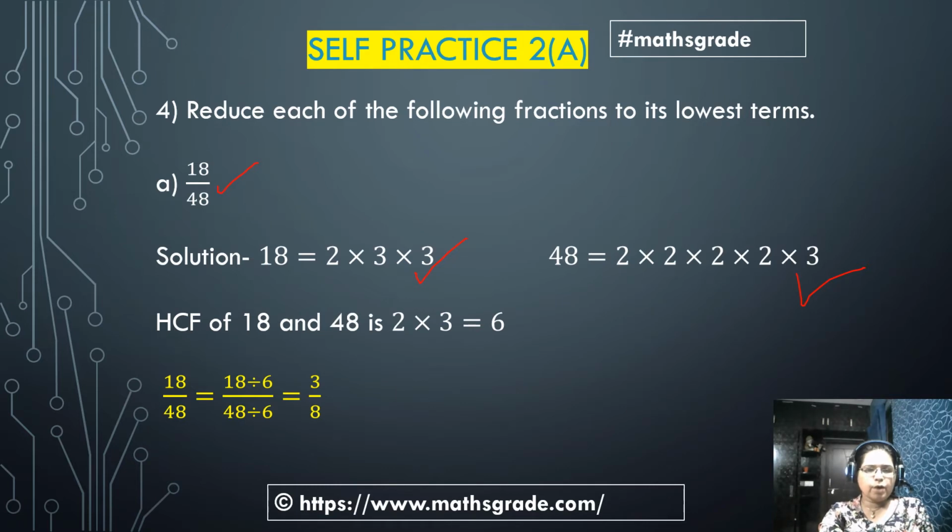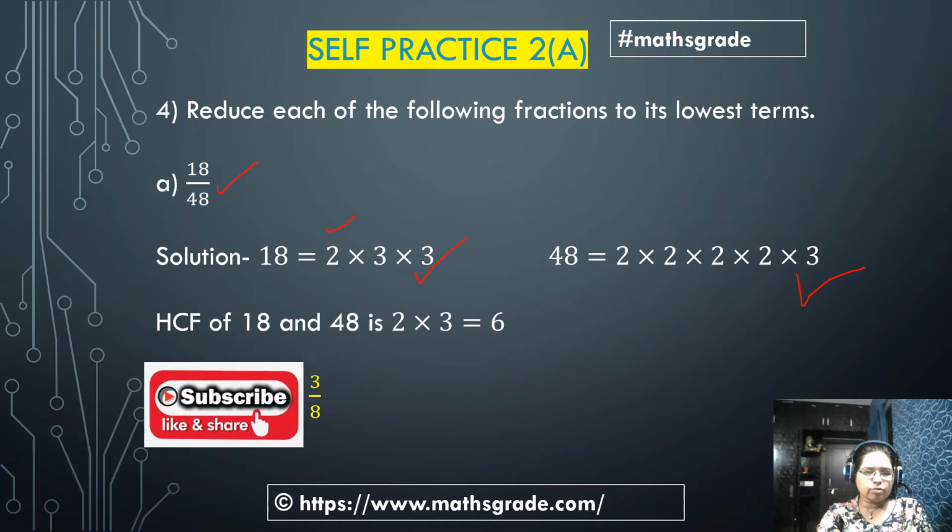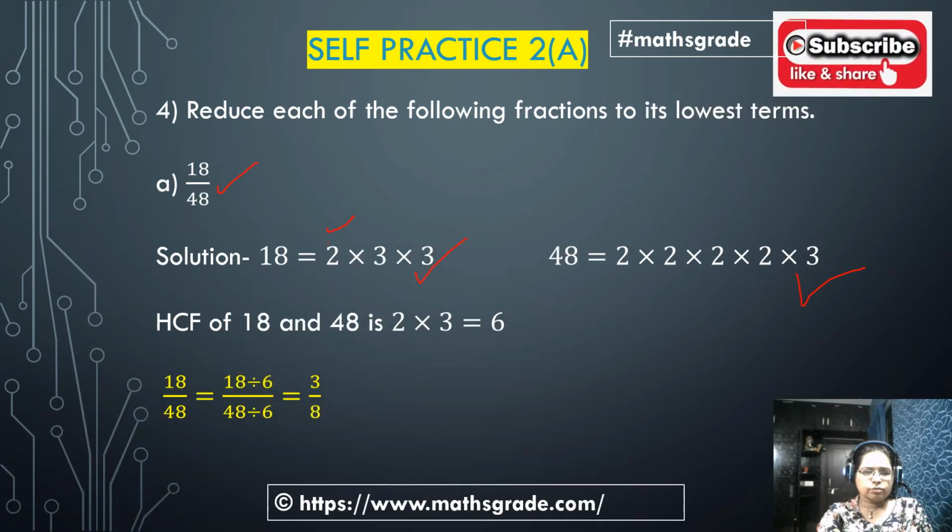Now we have to find the highest common factor between 18 and 48. In 18, 2 is common. 18 has only one 2, and 48 has four 2's, so we write down only one 2.